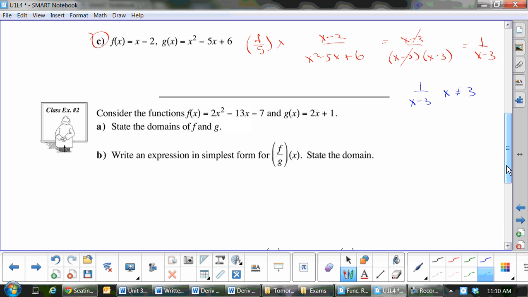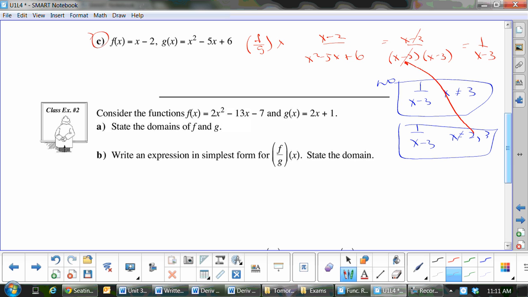And the real answer would be 1 over x minus 3, x cannot equal 2 or 3. That is the real answer, because 2 was bad here. I must always put it as a non-permissible value. It is never allowed to play the whole time.